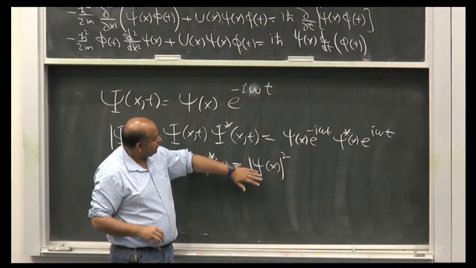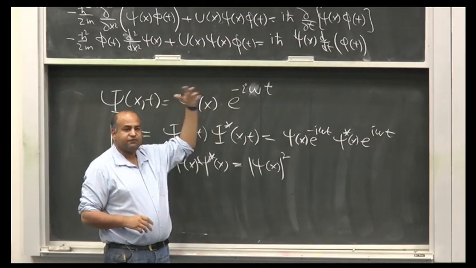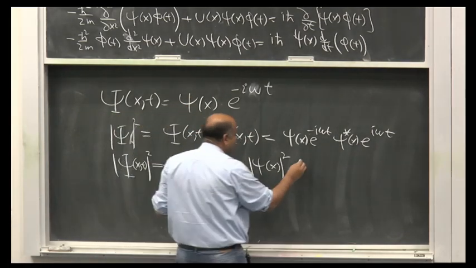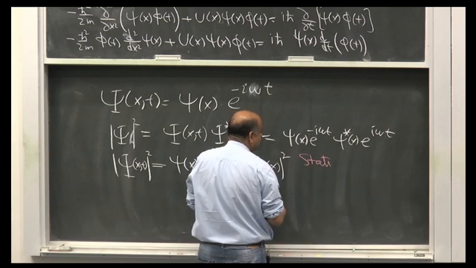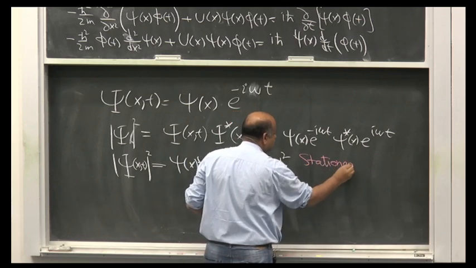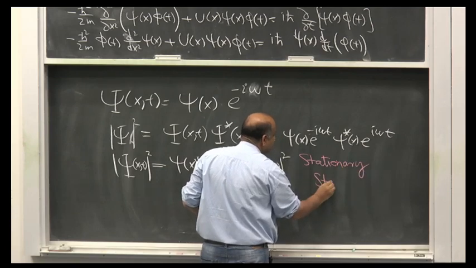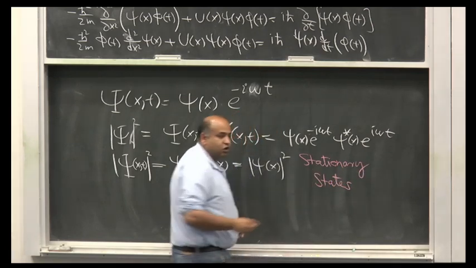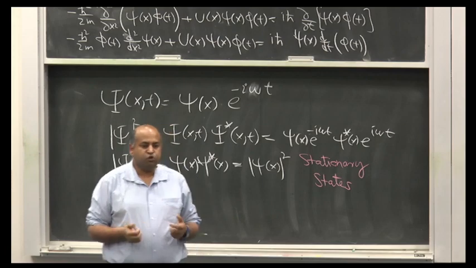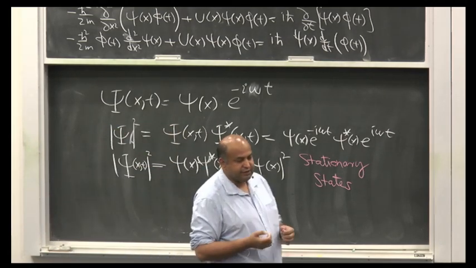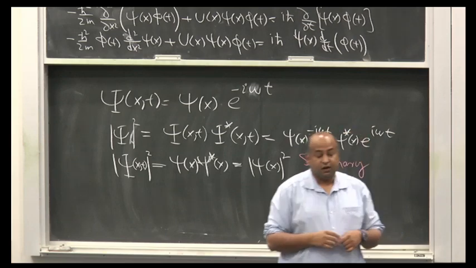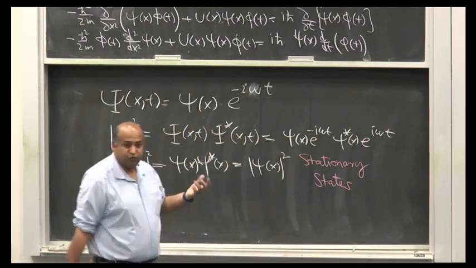So that's why the solutions of these types of problem are called stationary states. Stationary because their probabilities don't change with time. And that part of the problem where we can study actually how the wave function changes, unfortunately, we will have to leave it to an advanced class.